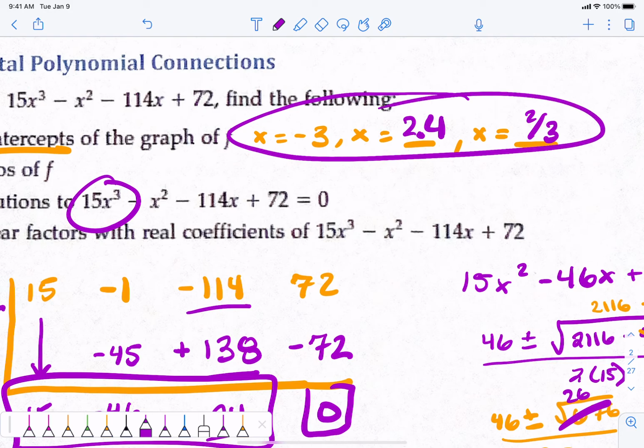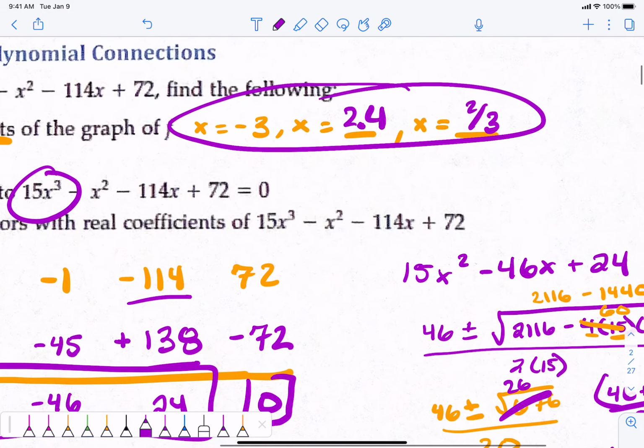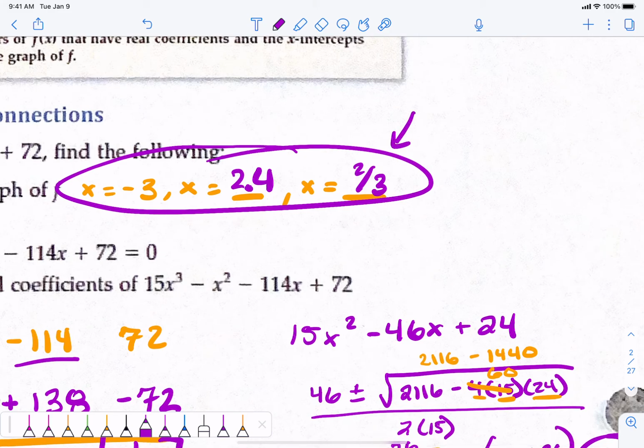Those are the three exactly. You could have found those on the calculator, but you would probably have rounded 0.6 repeating off as 0.67, which technically is not exactly 2/3 because it's rounded.